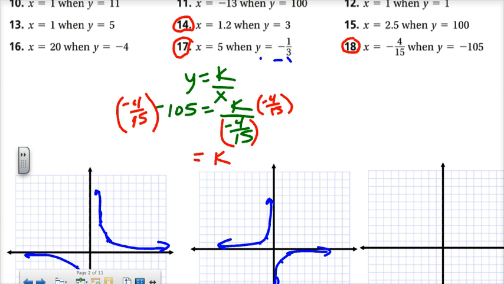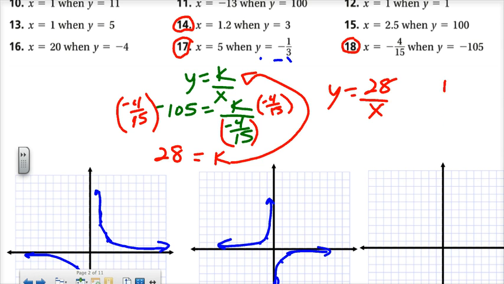So if we take our 105 times 4, and that's just because the two negatives we know are going to make it a positive, and divide that by 15, we will get 28 for k. So the one that looks like it's going to be difficult for us because of the fractions involved actually comes out very, very nicely to y equals 28 over x.